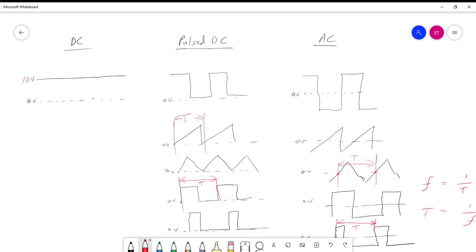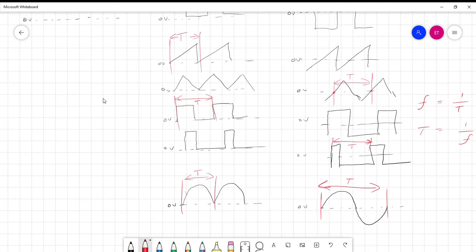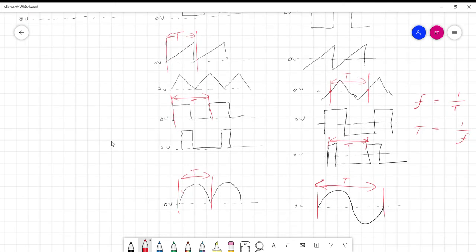I have 10 volts DC for my source. It doesn't change. That was the end of it. And now in the AC course, there's going to be a lot more to talk about because voltage changes in time.